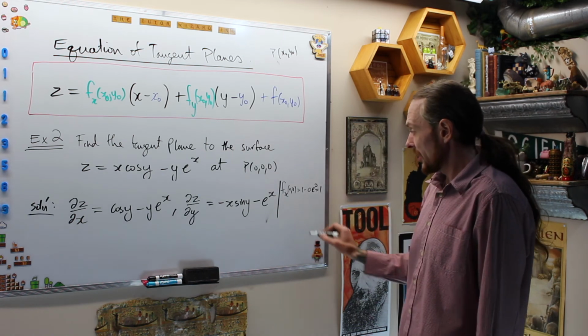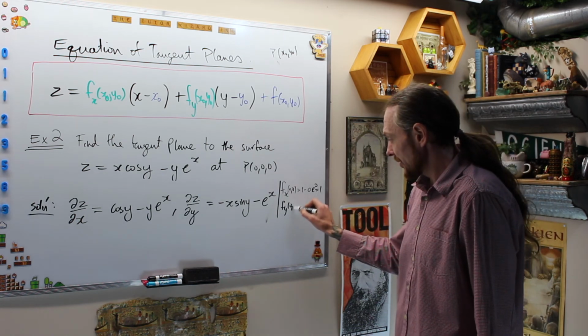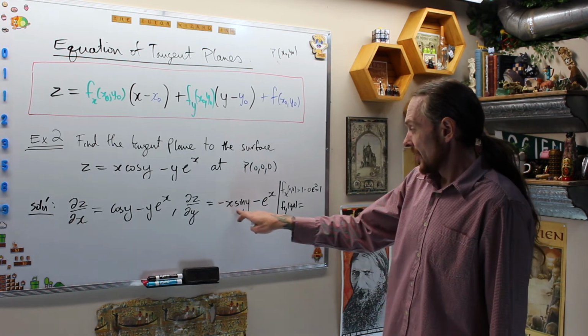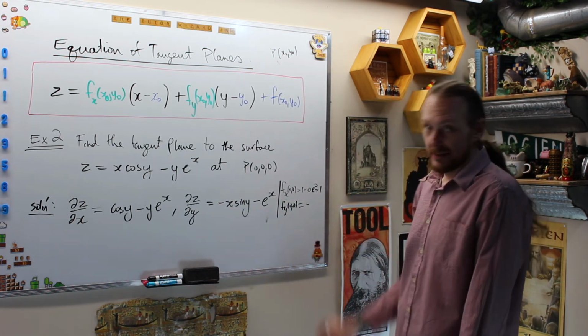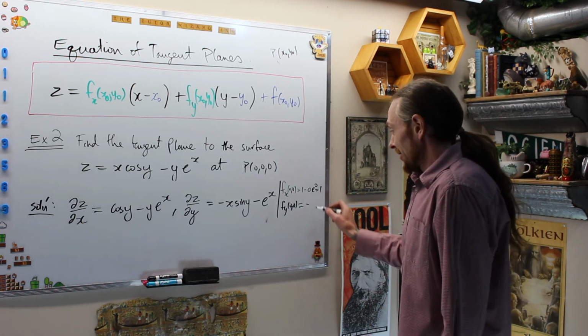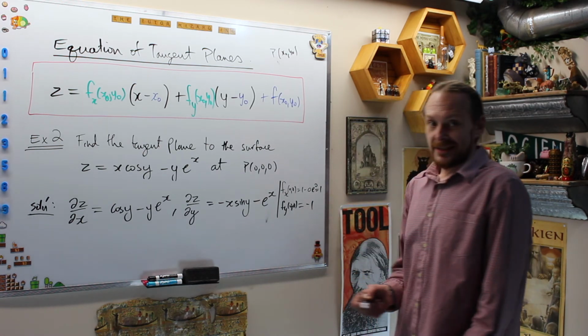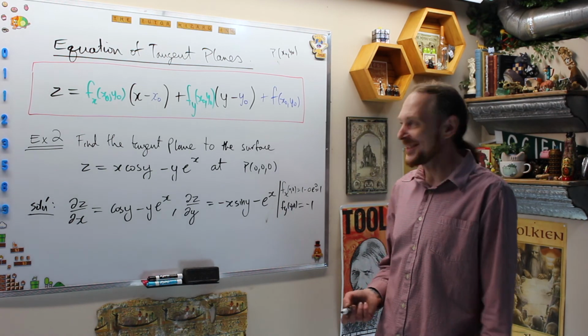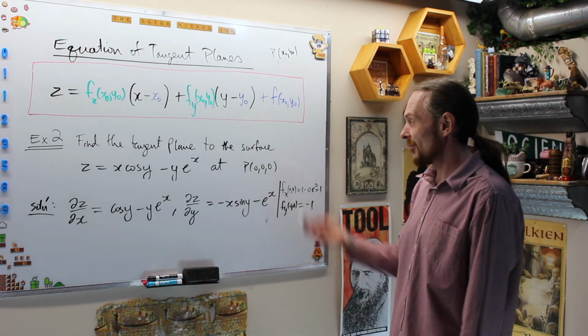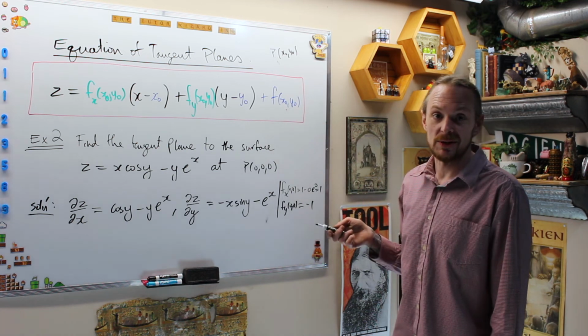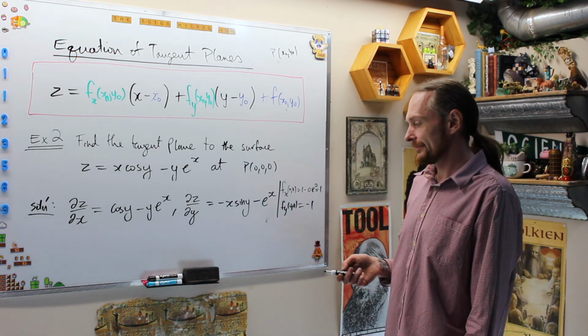So that gives me 1. And fy of 0, 0 is equal to sine of y is 0, and then minus e to the 0, negative 1. Oh look, we got, I didn't even try, I just stole this out of a book, but look, we got the same slopes in both of them again. Coincidental, this guy has the same ones, but he's through the origin this time, the last one wasn't.